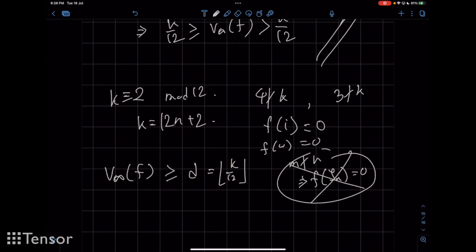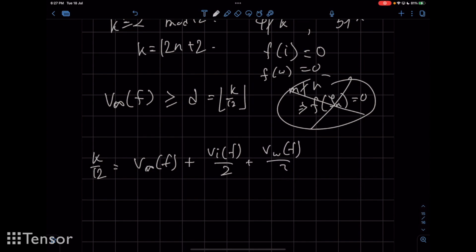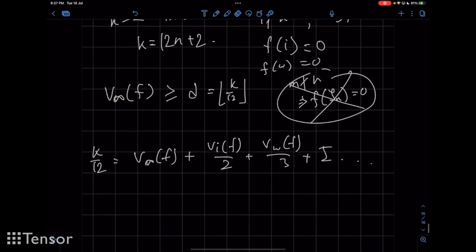So what is the lower bound of the left hand side of the valence formula? Let's say the valence formula is k over 12 equals V infinity of f plus V I of f over 2 plus V omega of f over 3 plus some other things. So this is at least floor of k over 12 plus, well, the order of I is at least 1 since I is a 0.